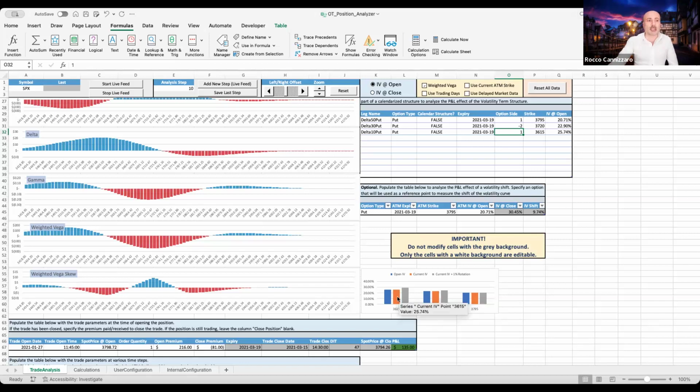So that means that this 10 delta strike would go from 25.74% to 28.88% implied volatility. So there's quite a big jump, and we can expect that because this strike is farther out of the money, so it's the one that feels the rotation the most.